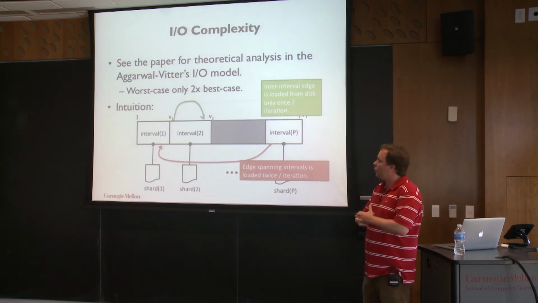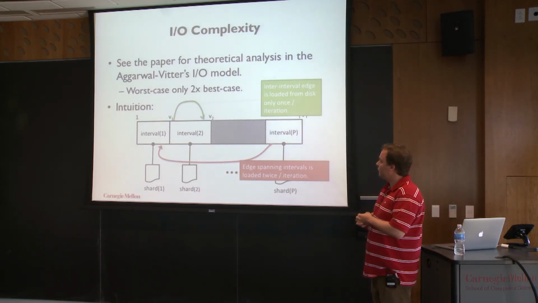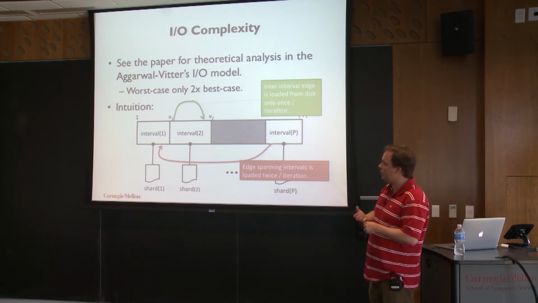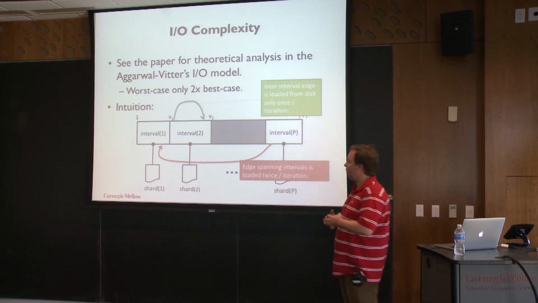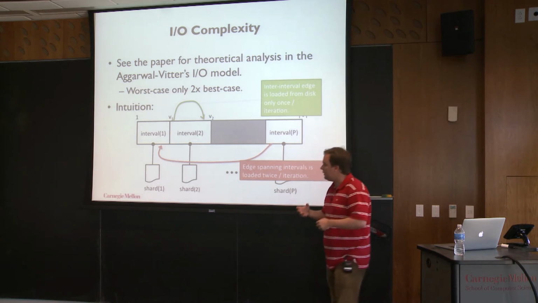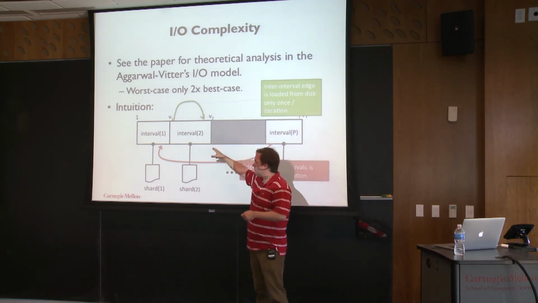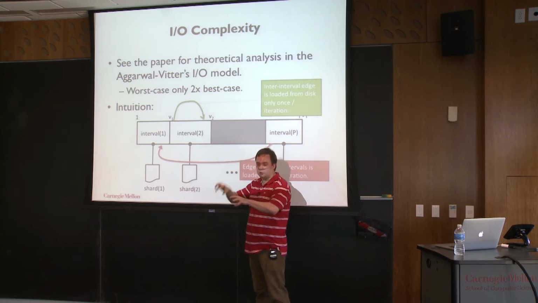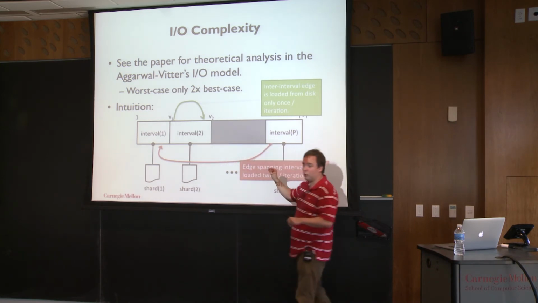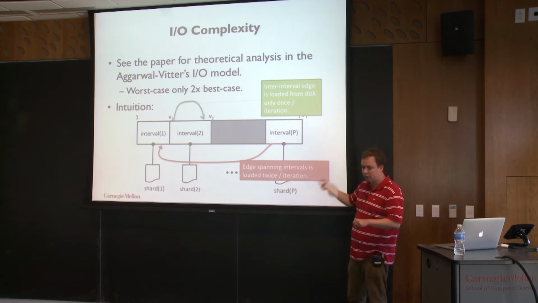A little bit about the I/O complexity. In the paper, we have a theoretical analysis in the Aggarwal-Vitter I/O model, but the basic intuition is that if an edge is between vertices in the same interval, it needs to be loaded only once per iteration from disk.